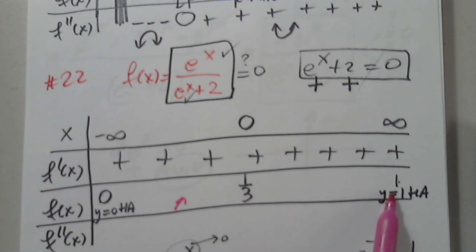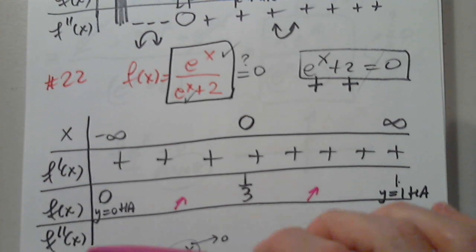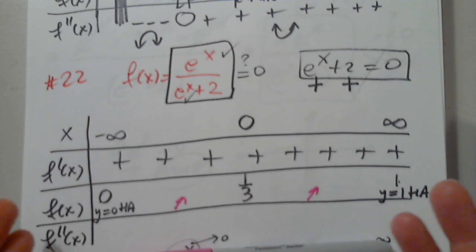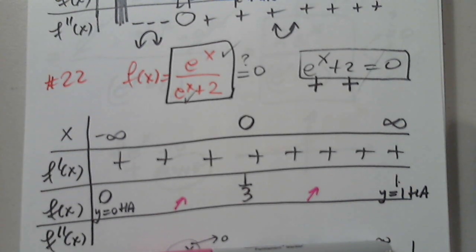Increase. Good, and it's also supported by the sign of the derivative. Now if I ask, where is this function increasing? What will you say? The entire domain. Exactly. That's it.